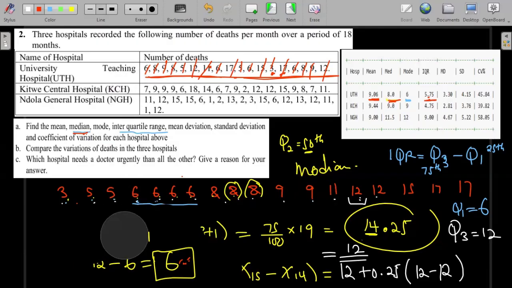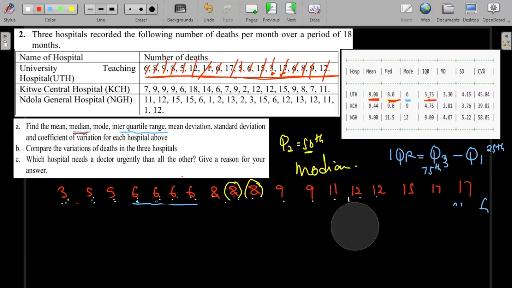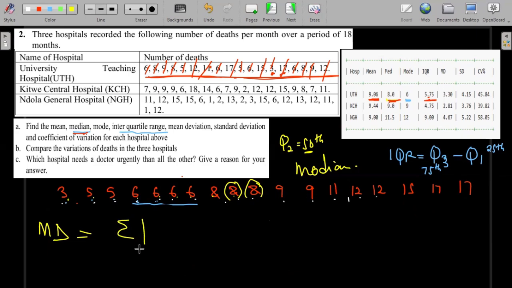So the formula that we are going to be using is this one here. So the mean deviation, I'll just write MD, is equal to the summation of the modulus of each x value, so each of these values here, minus the mean, modulus, and then I divide by n, which is the number of observations.